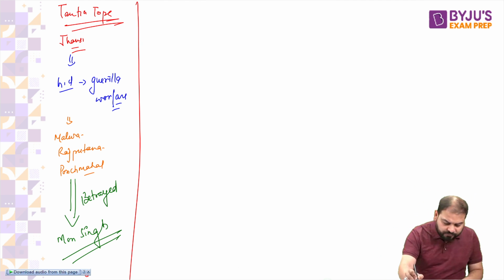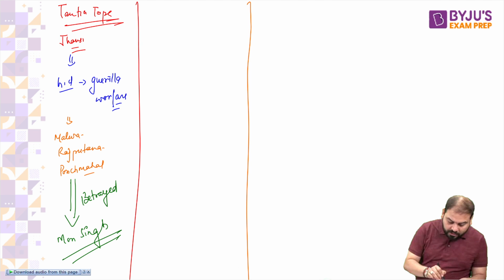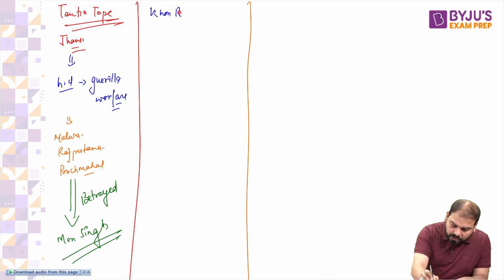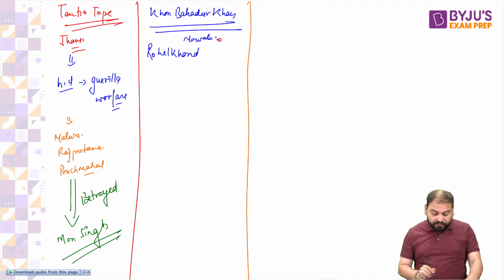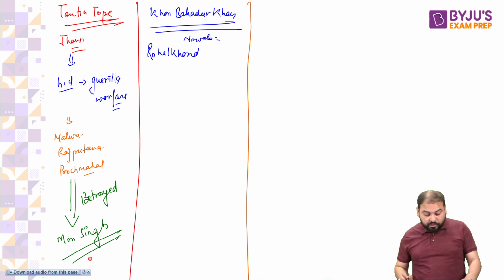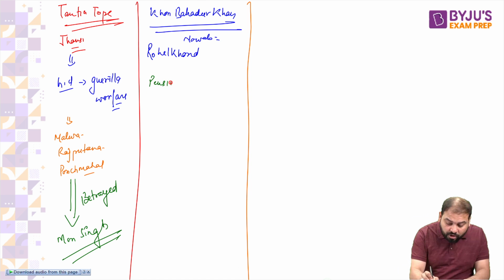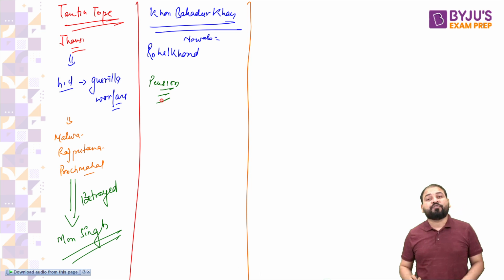See, all of you, if you are from Western UP, please study about Khan Bahadur Khan, Bareilly area, that's present day Rohilkhand. He was the Nawab. He was involved in this revolt because he did not like the pension that he was being offered.